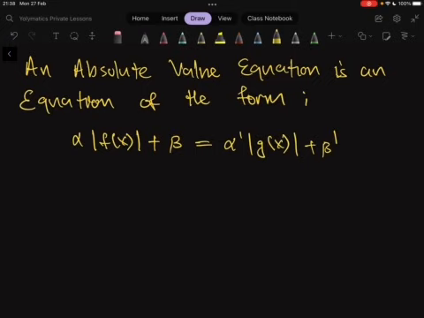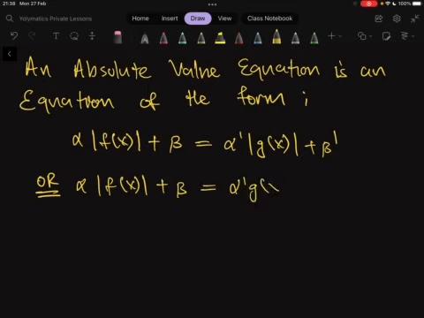So what we refer to as an absolute value equation is usually an equation that has this structure, or at times we don't have to have all the functions living under the absolute function, so at times they can just come in the form you see. So that's what we refer to as an absolute value equation.